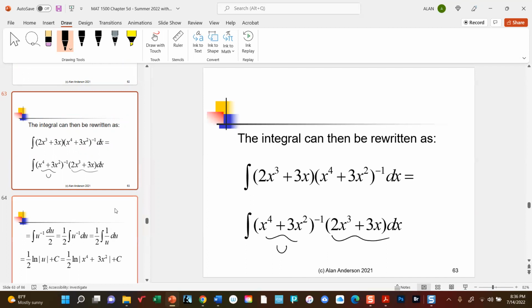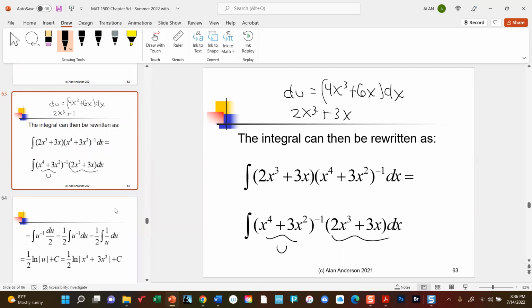this is actually, since du equals 4x cubed plus 6x dx, we could say that this expression you could rewrite as 1/2 of du.